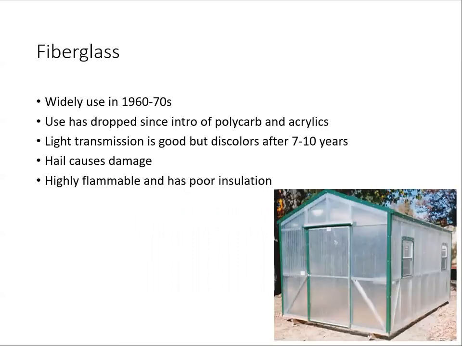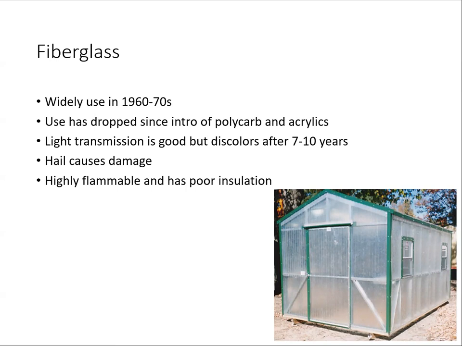There's fiberglass. This was widely used in the 50s, 60s, and 70s. I think like a lot of people, there's a nostalgic piece to this; my uncle's greenhouse had this corrugated fiberglass on it. They do last 7 to 10 years.